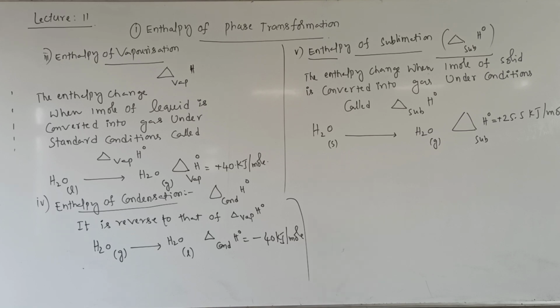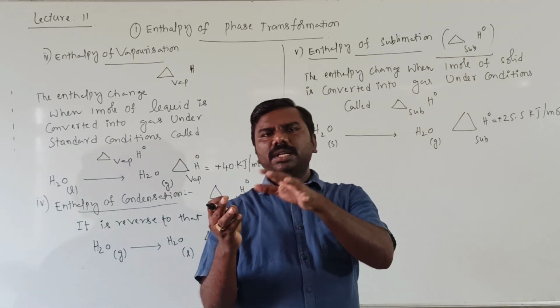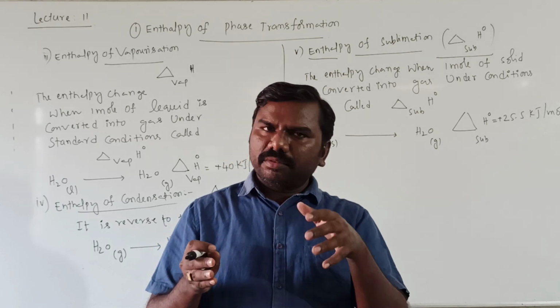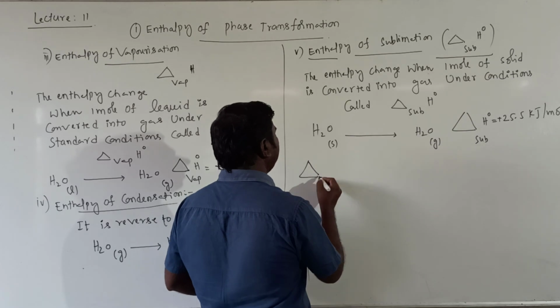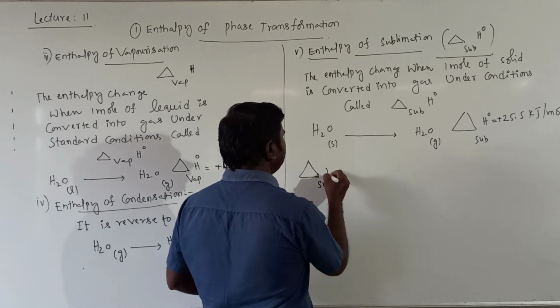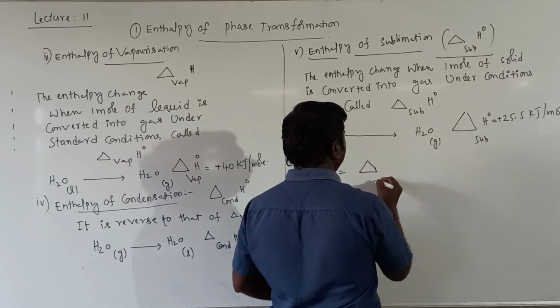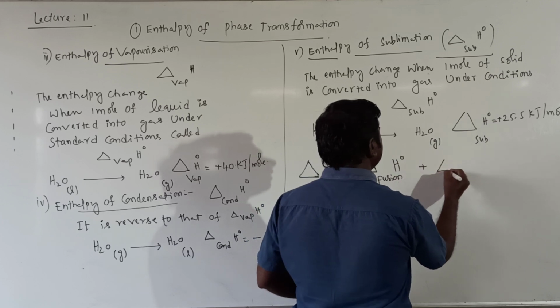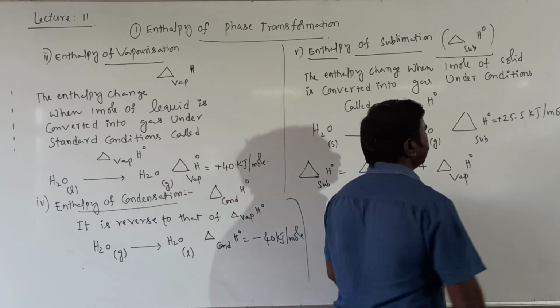Now, sublimation generally means solid is converted into gas. First solid is converted into liquid, liquid is converted into gas. Enthalpy of sublimation is equal to enthalpy of fusion plus enthalpy of vaporization.